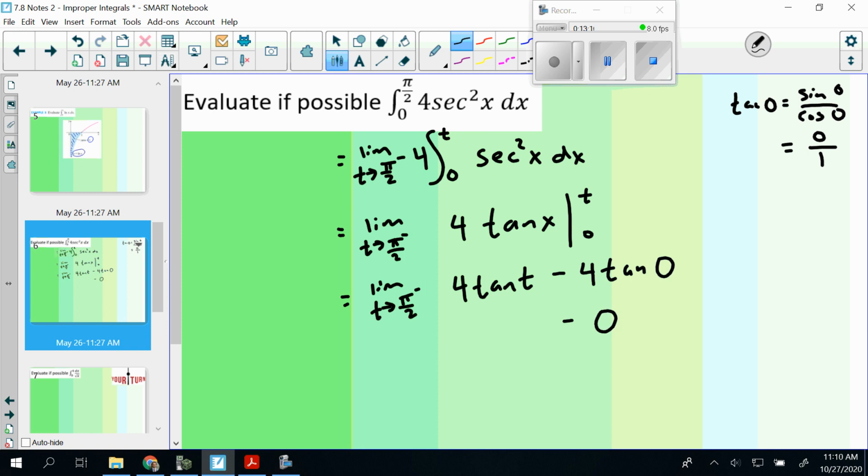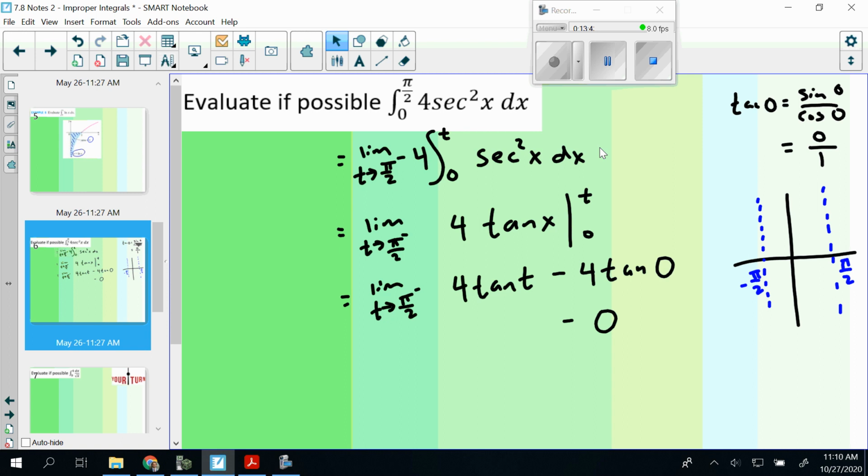Now we have to figure out the other one. What does tangent of pi over 2 equal as you approach from the left? You can graph this one out, but if you remember from trig, there are some asymptotes at negative pi over 2 and also one at pi over 2. And the graph of this one looks something like this. That's a graph of tangent.